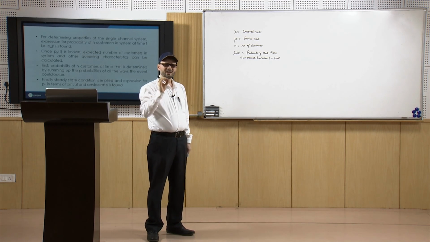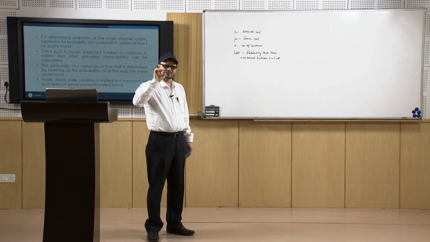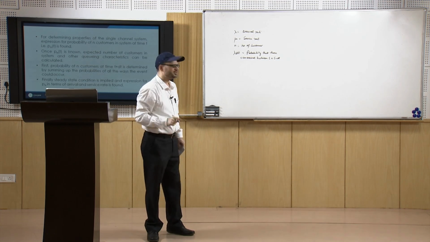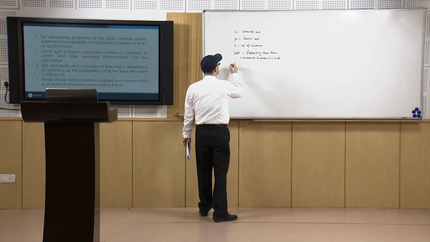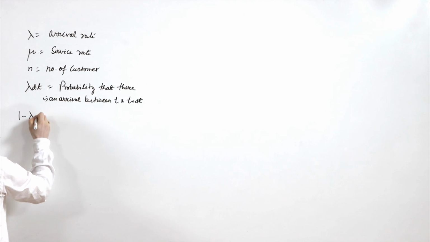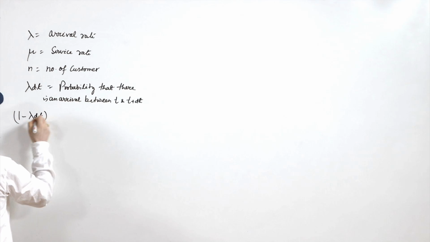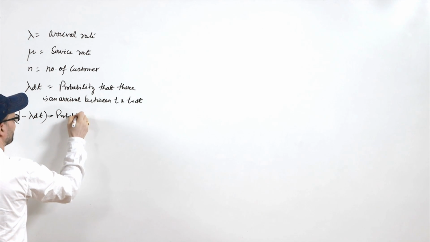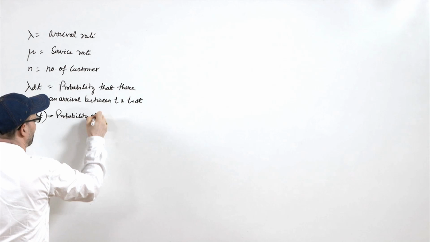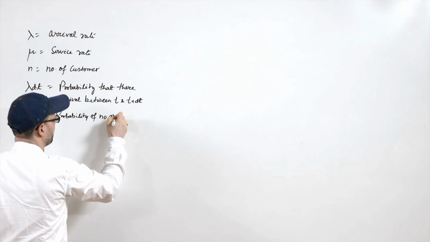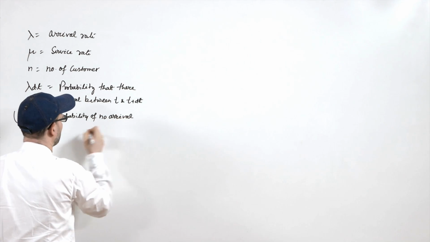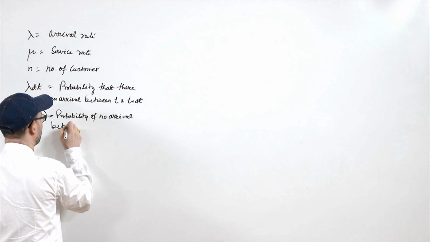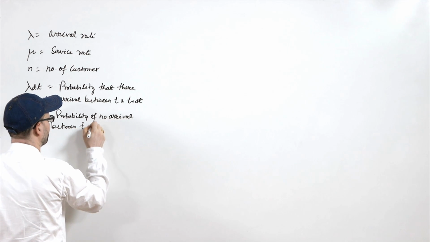It means the probability that there is no arrival between time t and t plus dt will be 1 minus lambda dt.